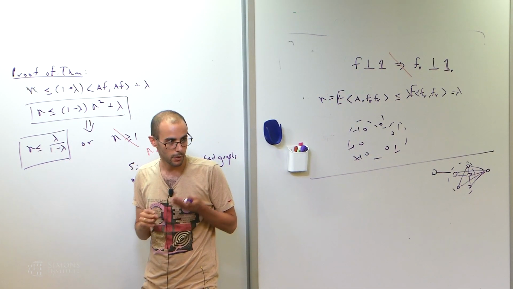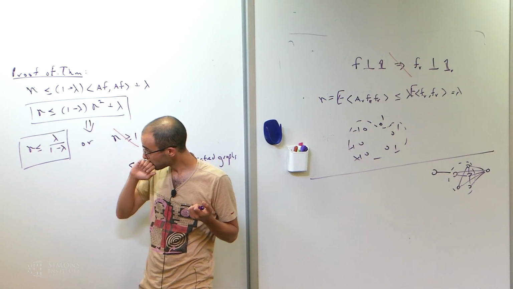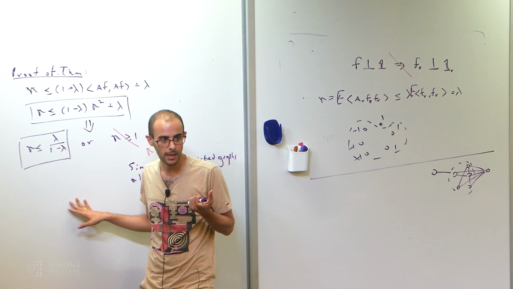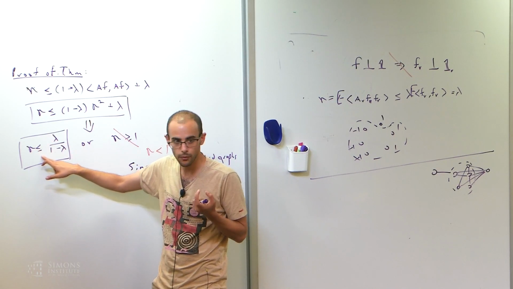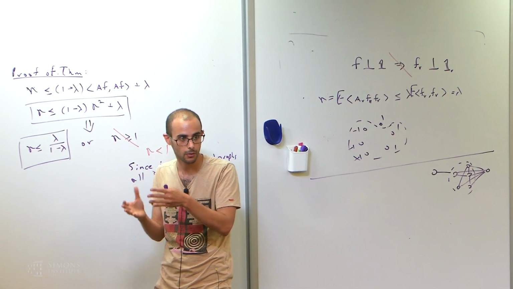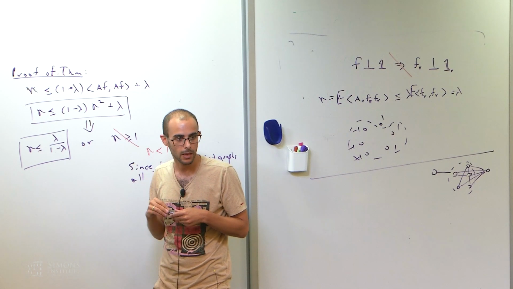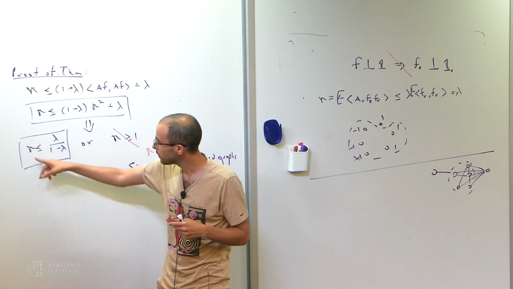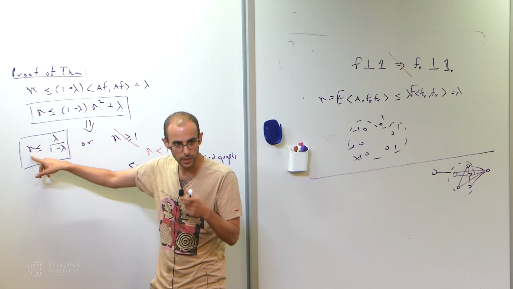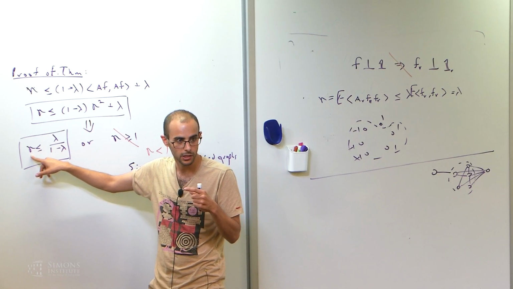And people know how to construct expanders where this is half or above, and the graph is connected. So you can say something maybe more sophisticated to bound the eigenvalues of the simplicial complex there.